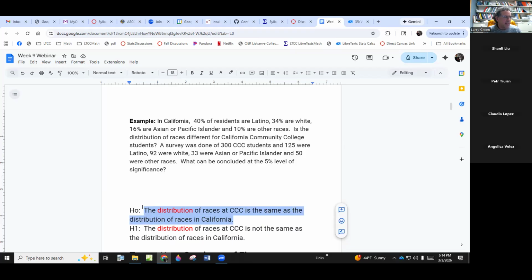That's because it really does not work with symbols when it comes to this chi-squared stuff. So H naught and H1 will be in words, not in symbols, and that'll be a requirement. Whereas anything from chapter 9 and 10, those must be in symbols. Any questions on H naught and H1?